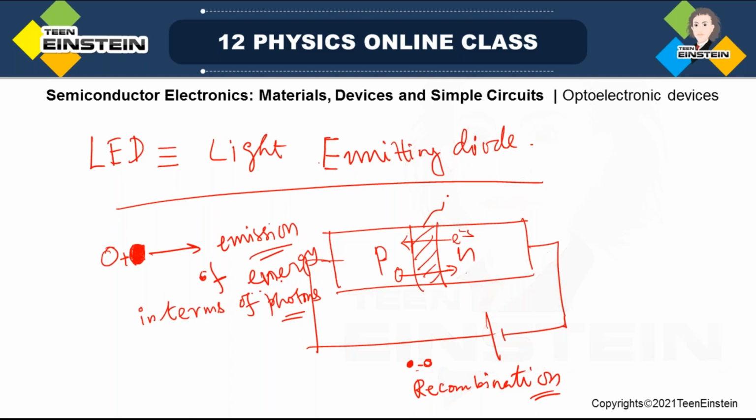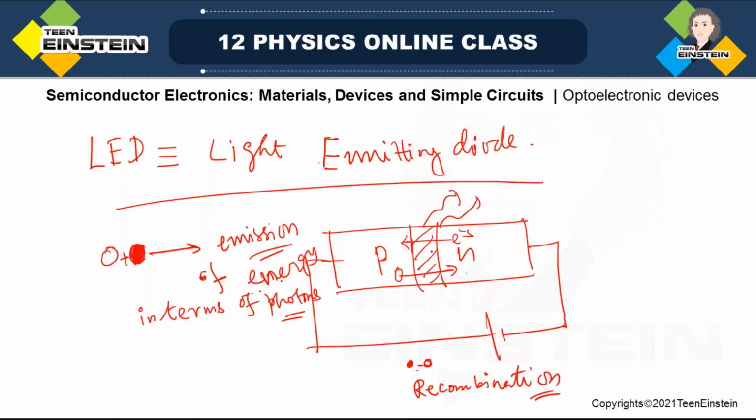These diodes are also very much useful in modern life, because LEDs are nowadays used in many places in our life.